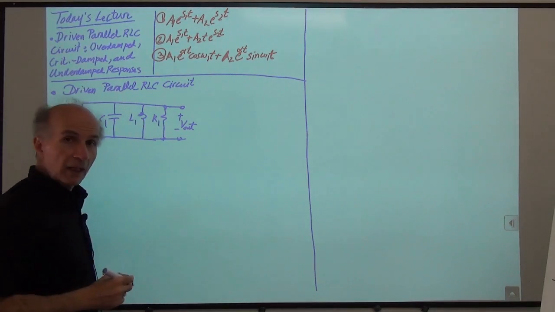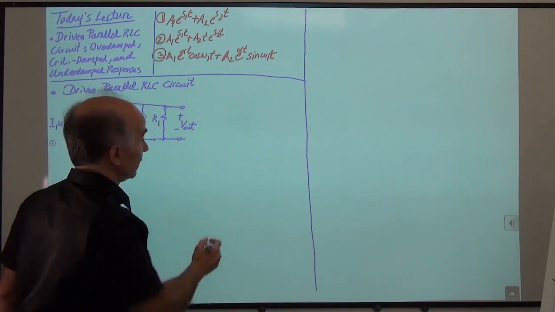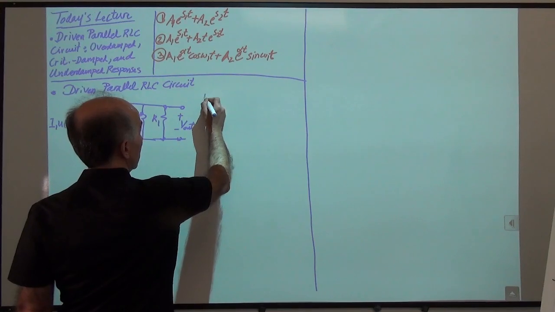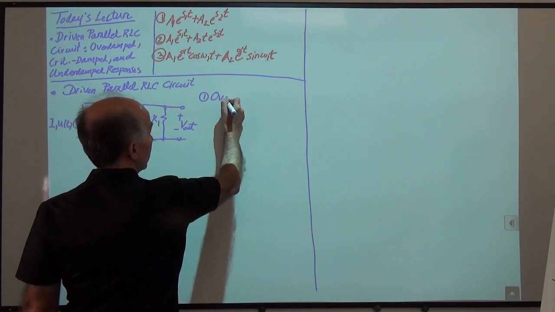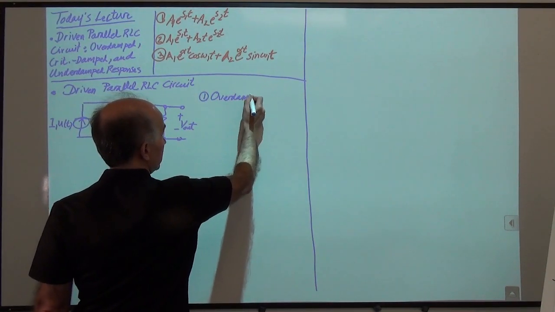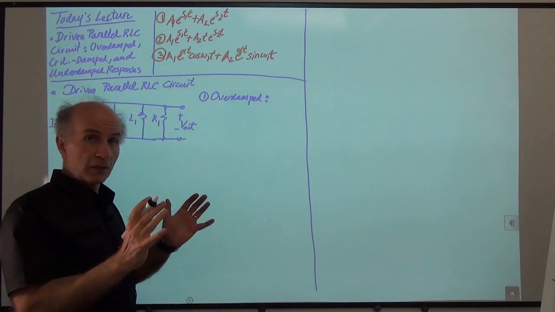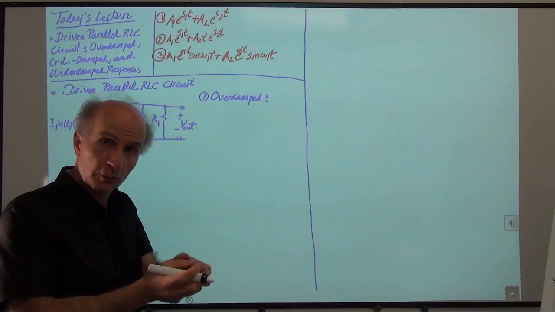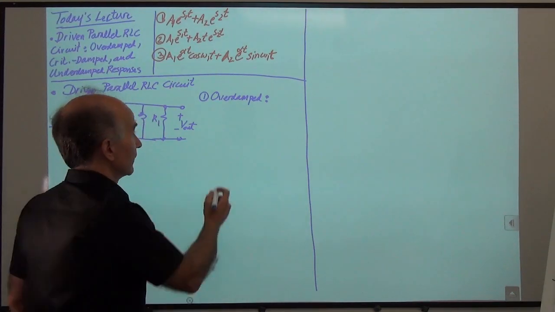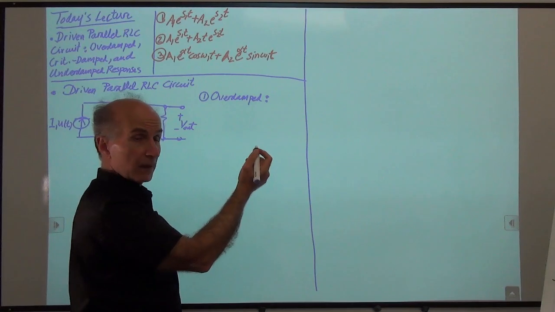So we consider the case of overdamped response. So we say case 1, overdamped, and that means that, given that the characteristic equation doesn't change whether we have an input or we don't have an input, the roots of the polynomial are still the same.